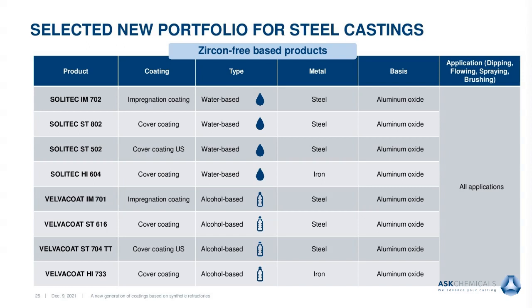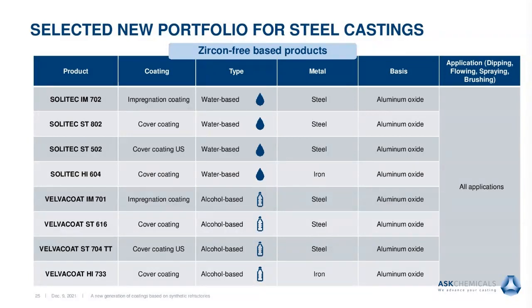And this led to the portfolio we have now as zircon-free products, which is a Solitec IM702 as water-based impregnation coating, Solitec ST802 as cover coating, ST502 as we have already seen as cover coating from the US.